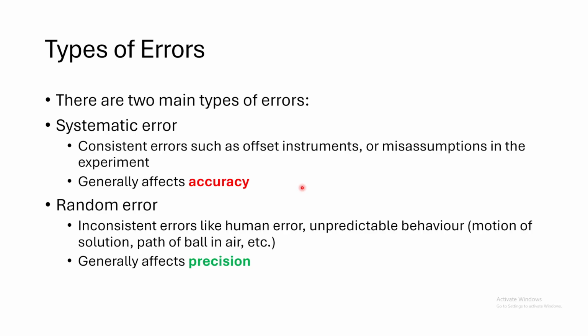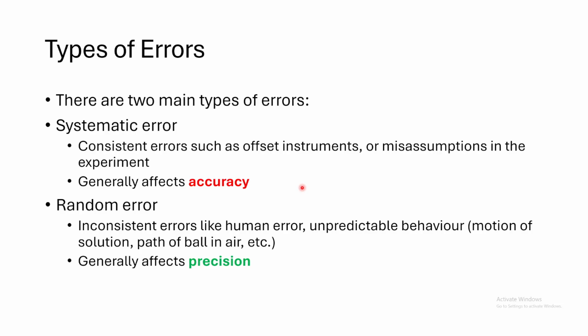Random errors are, like the name suggests, random and inconsistent. So these are things like human error, unpredictable behavior, and just stuff that you literally can't predict. So maybe the motion of a solution in a beaker, or the path of a ball in the air, whether it's affected by air resistance or hitting a fly or something like that.